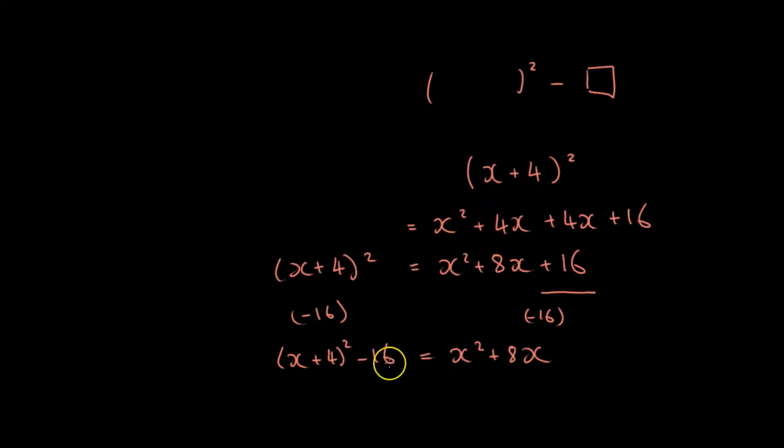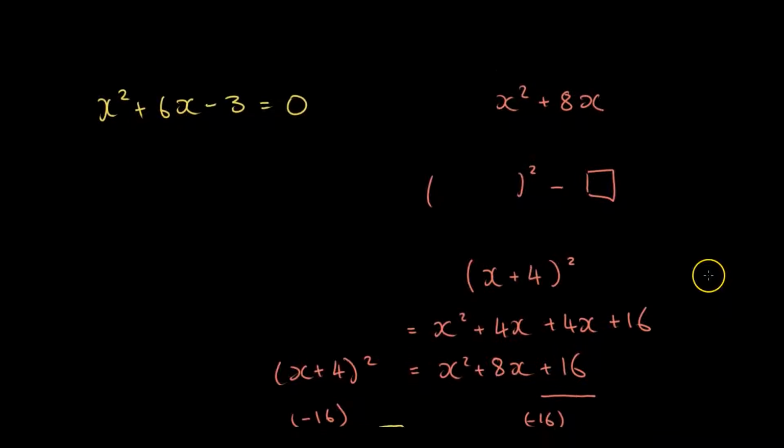So here, on the left-hand side, I have a square, and I'm taking away a constant from it. So this here is the correct form I need when completing the square. Just like up here, where I have a bracket squared, and I'm taking away a constant, I have the exact same form down here.